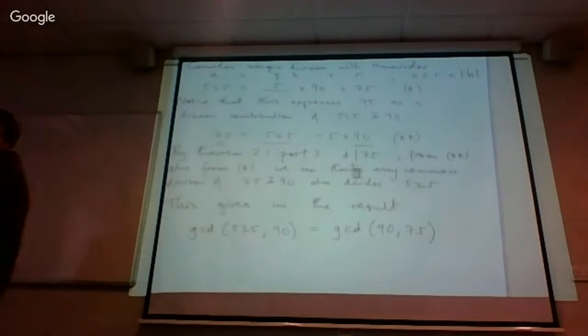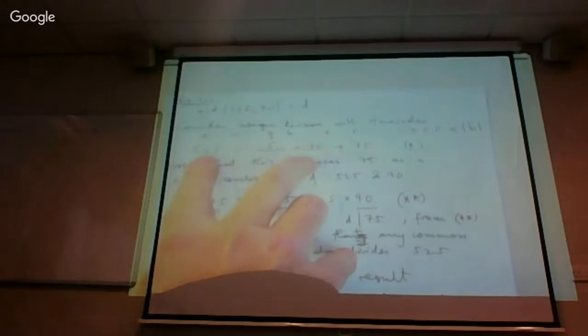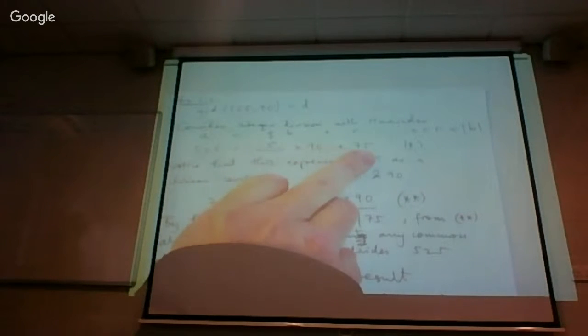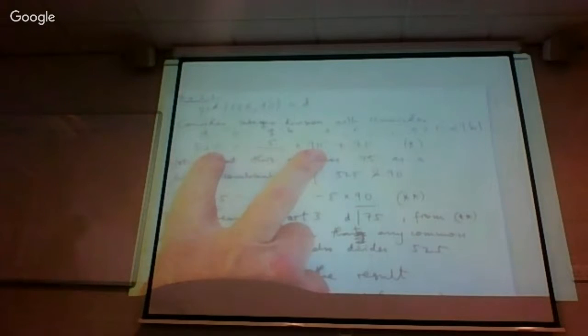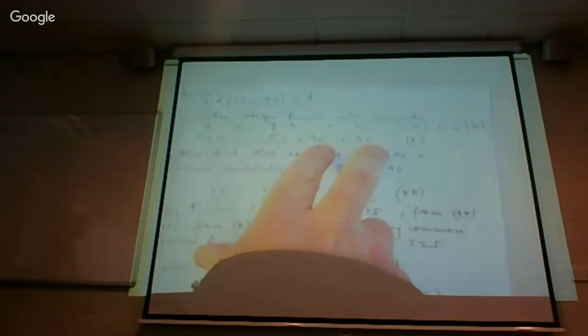How did we get to this one? We got to that one by doing this integer division, by dividing the larger number in our problem by the smaller one and finding the small remainder. And then we're saying the greatest common divisor of 525 and 90 is equal to the greatest common divisor of 90 and 75. So why stop there? Why not keep going?